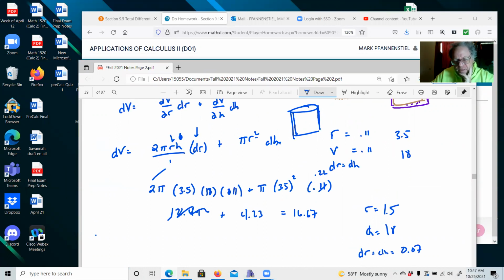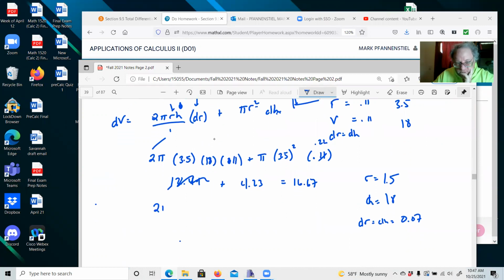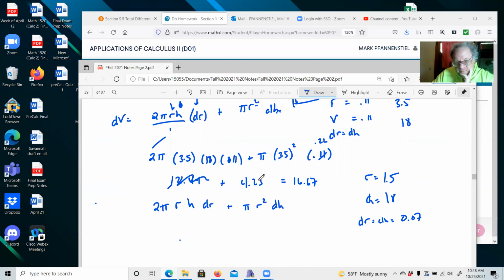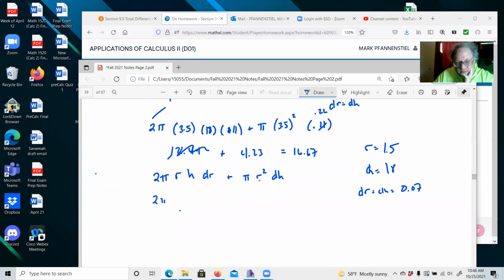Okay, so let's try it with the same idea here, right? This is 2 pi r h dr plus pi r squared dh. So this is 2 pi 1.5. H was 18, times 0.07, plus pi r squared, so this is 1.5 squared, and then we have a 0.07.